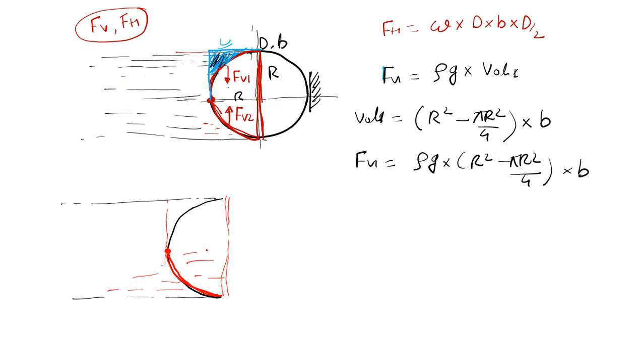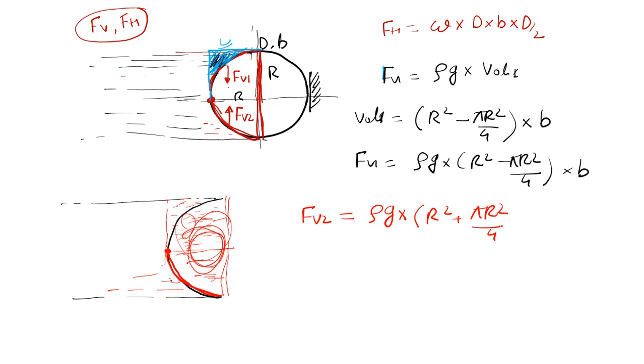So this is the imaginary fluid above this surface. And the force applied by the fluid below this curved surface will be the same as the force applied by this fluid, the weight of the fluid in vertical direction. So simply we can calculate Fv2 as rho g into volume of this whole fluid. What is the volume? R square plus pi r square divided by 4 into B.